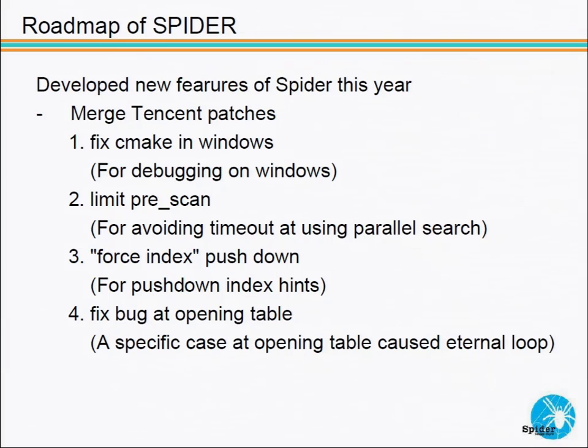First one is fix CMake in Windows. It's for debugging on Windows. Second one is limit press scan. Third one is force index pushdown. Fourth one is fix bug at opening table.